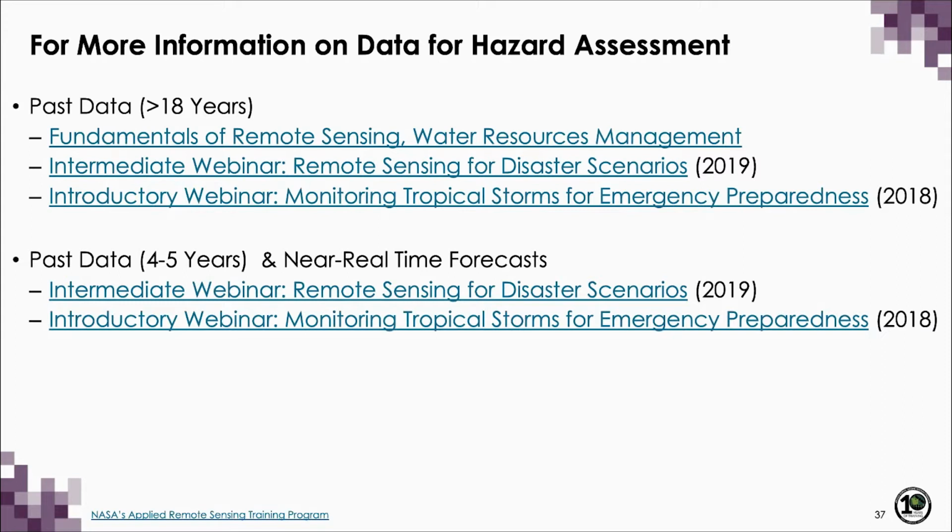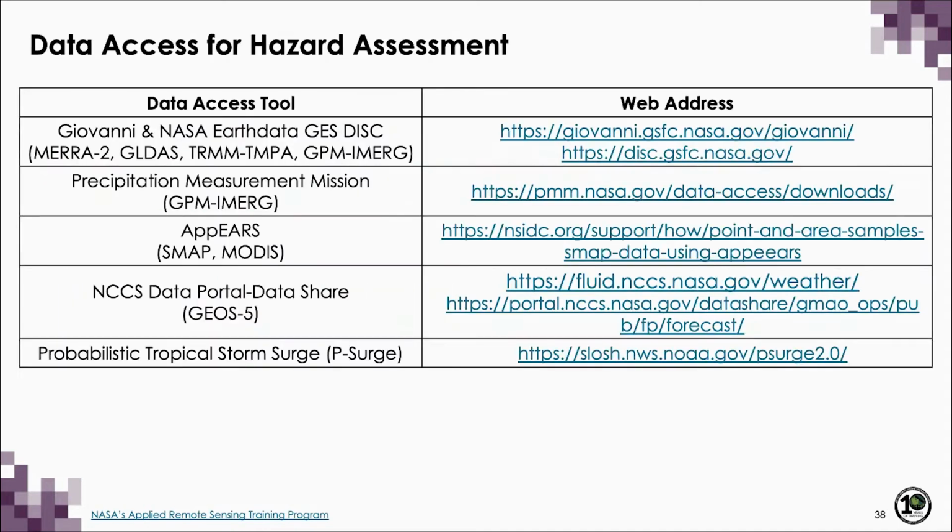Models such as GLDAS, MERRA, and GEOS 5 are all described in these webinars. These two webinars, Remote Sensing for Disaster Scenarios and Monitoring Tropical Storms for Emergency Preparedness, provide details of the datasets themselves and how they are applied for these different applications. So we recommend that you review these webinars for detailed information about satellites, sensors, models, and datasets.